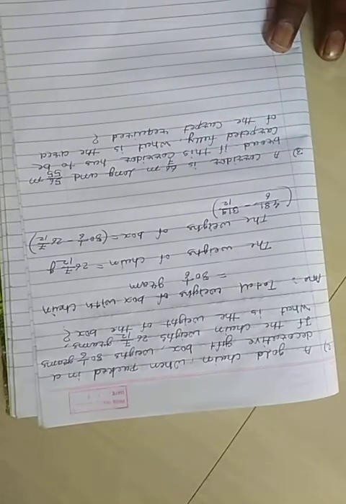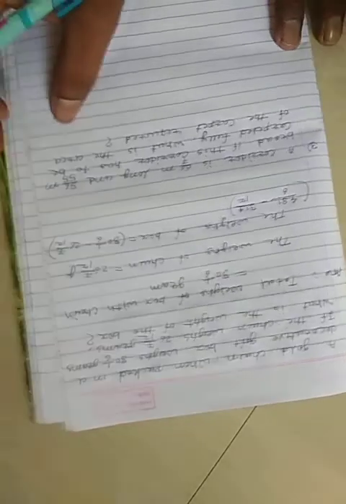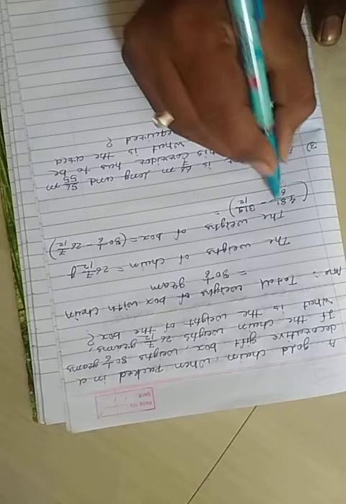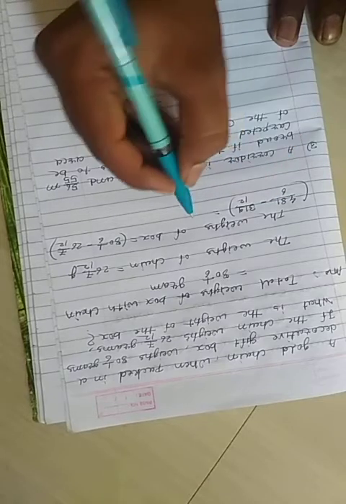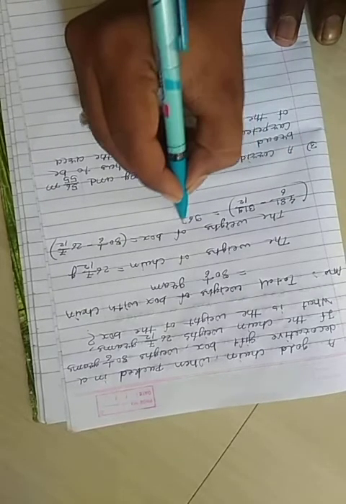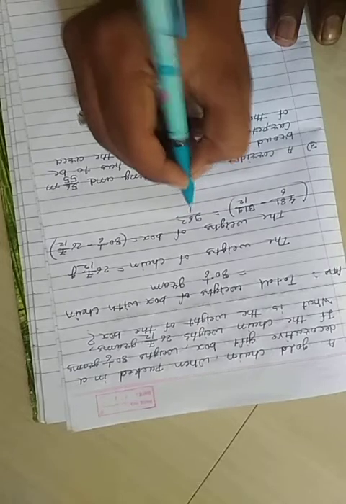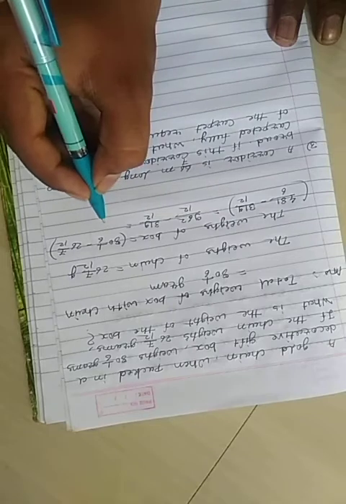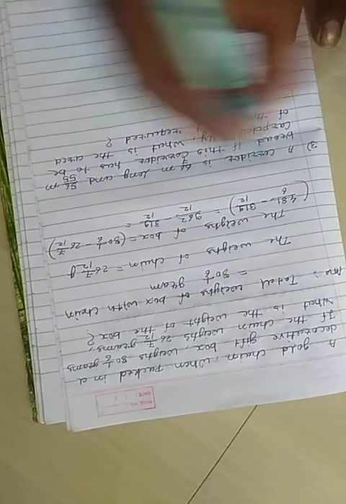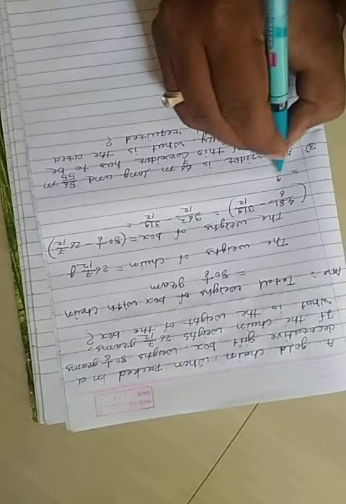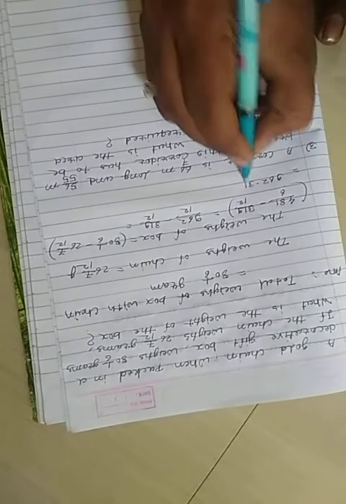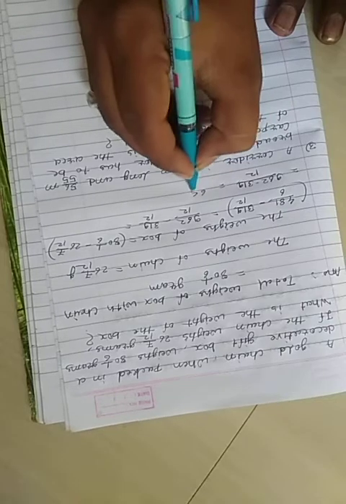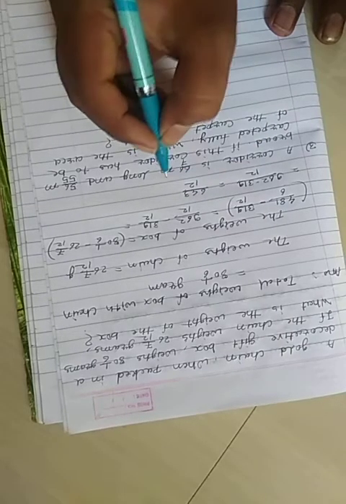Now student, you can simply observe the LCM of 6 and 12 is 12. So here we have to multiply this rational number by 2. We will receive 962 upon 12 minus 319 upon 12. So here we will perform the subtraction. 962 minus 319 upon 12, the answer will be 643 upon 12.